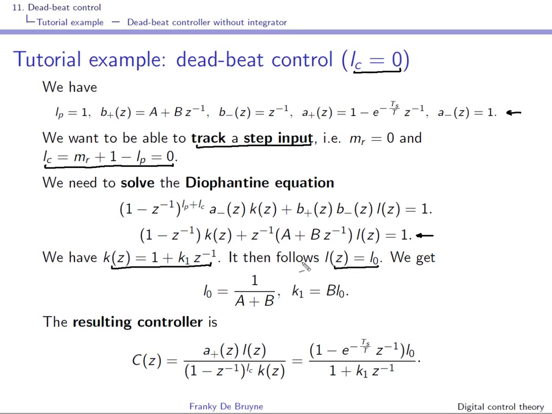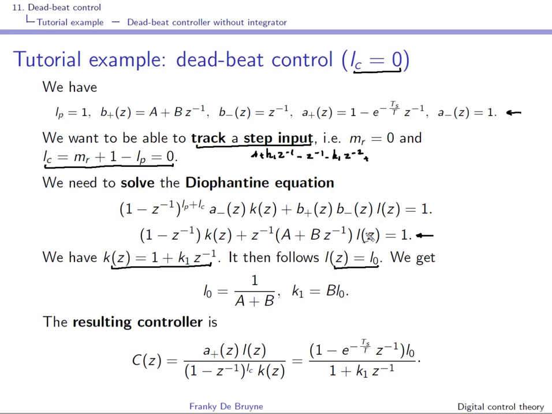So if you write this Diophantine equation, what you'll have is 1 minus Z minus 1 minus K1 Z minus 2, right?